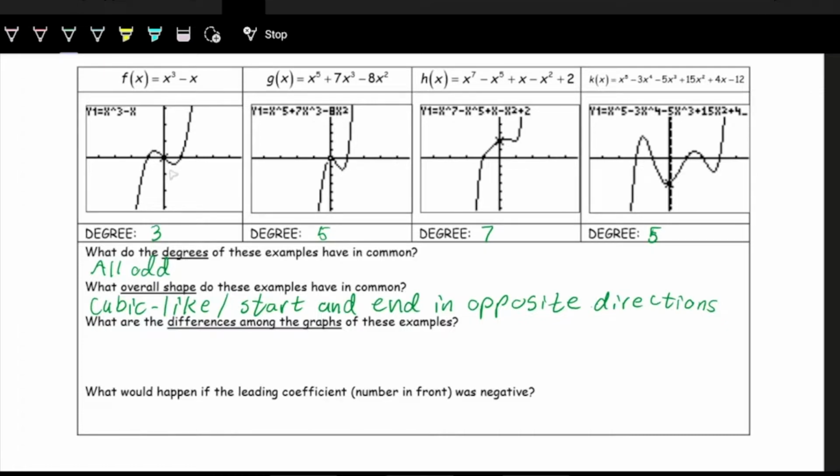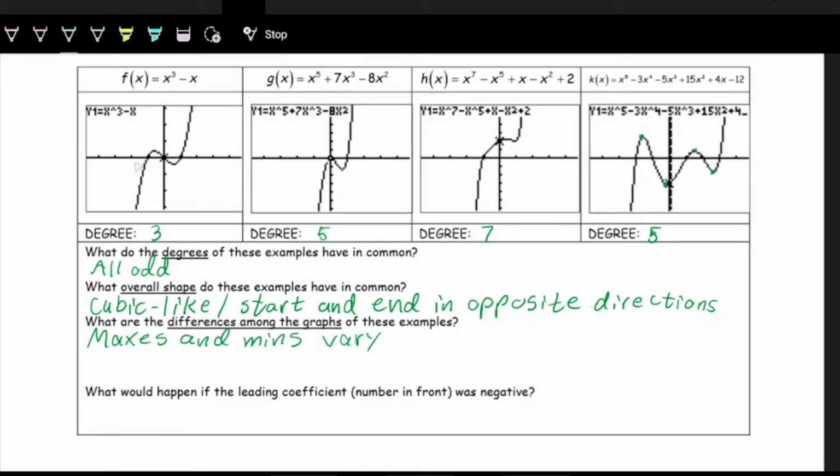Like this first one has one local minimum, one local maximum. Same thing with this other one, one local maximum, one local minimum. And then that last one has a lot of different local minimums and maximums throughout it that are different than the other ones. So we can say the maxes and mins vary.